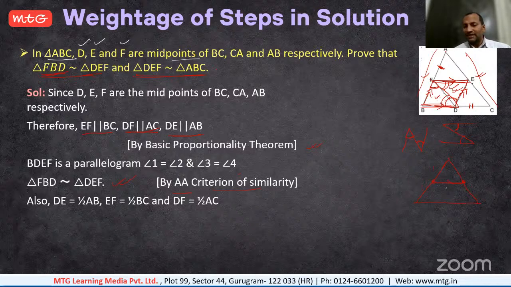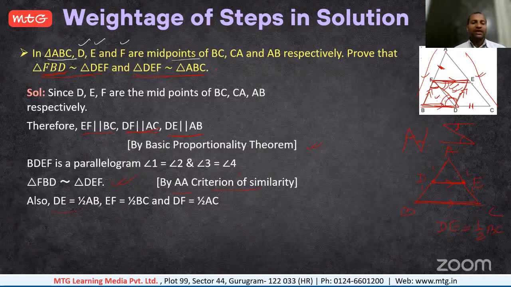So this line is parallel to the third side, like from Thales theorem only. And one extra thing is there: this line will be half of that side. Means if it is triangle ABC and this is DE, then DE will be half of BC. That concept we are going to use here.